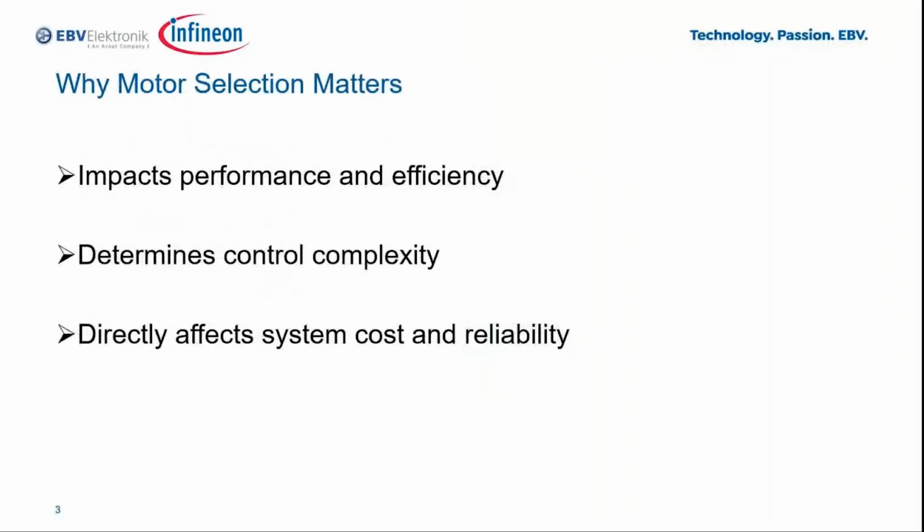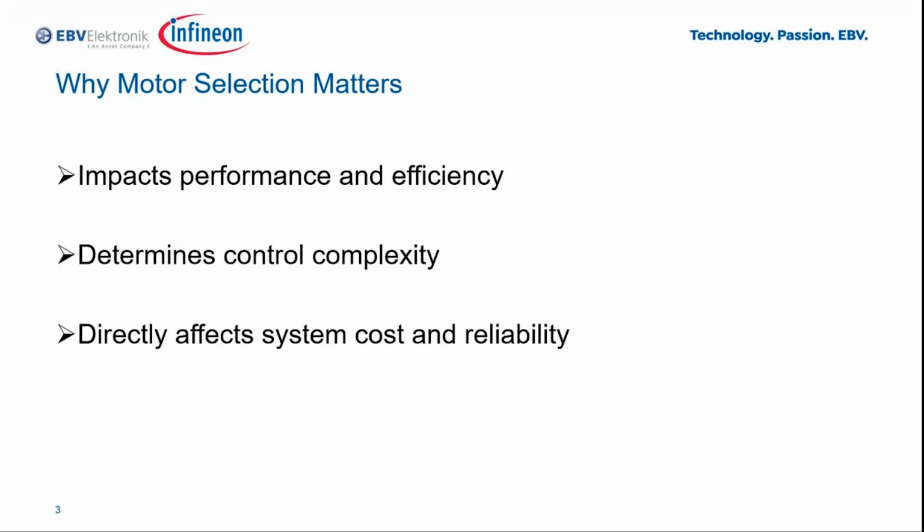And the main question is why motor selection matters. This issue actually directly affects the quality of our design. With a wrong motor selection, even if the desired performance level is achieved, efficiency may be low. And the other term determines control complexity.